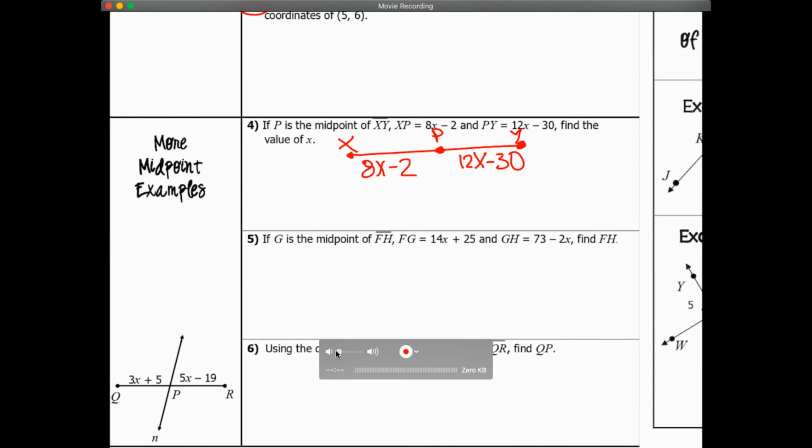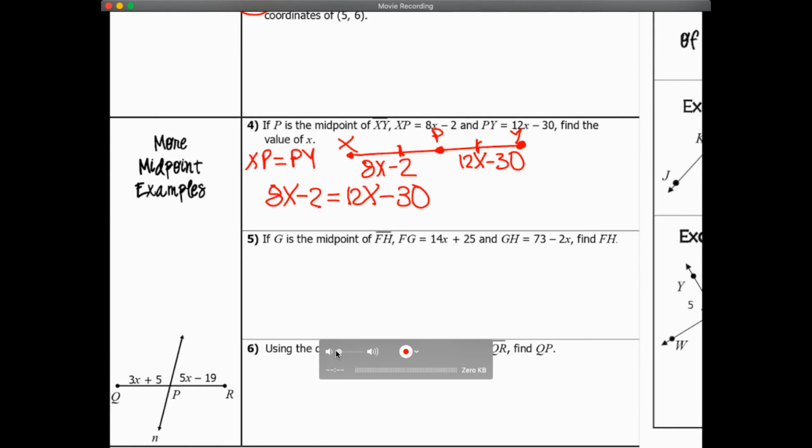So if P is the midpoint, that means XP and PY are equal. I'm trying to just do a straight line to demonstrate that they're congruent. So I would need to set those two equal to each other. So 8x minus 2 equals 12x minus 30. In other words, XP is equal to PY.